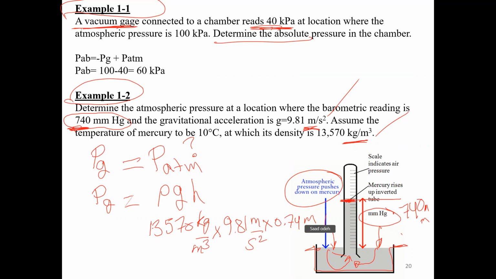So you can see here, at the end, we should have Newton per square meter, because remember we said the pressure unit is Newton per square meter, right? Or Pascal, but the initial one is Newton per square meter, which is equivalent to Pascal.